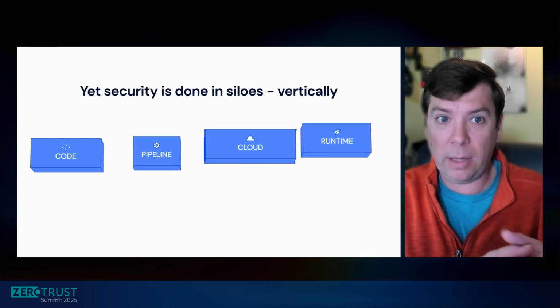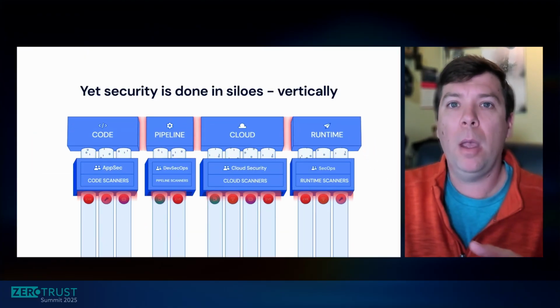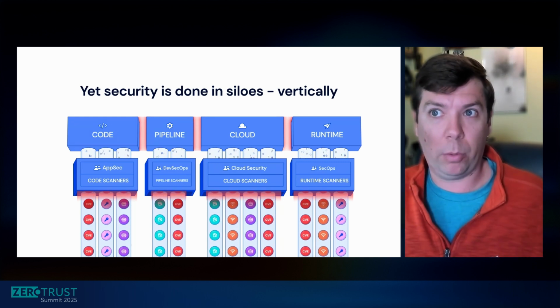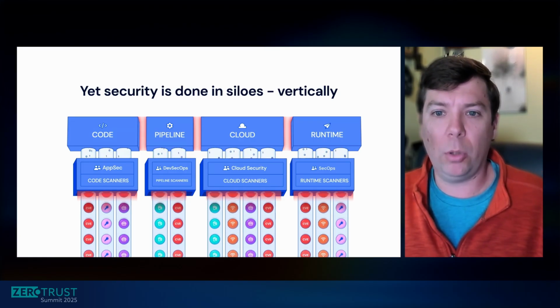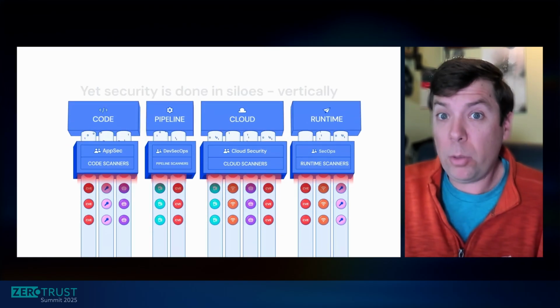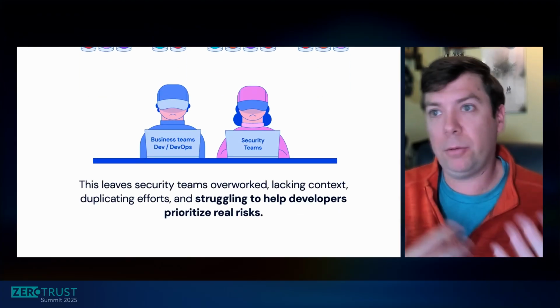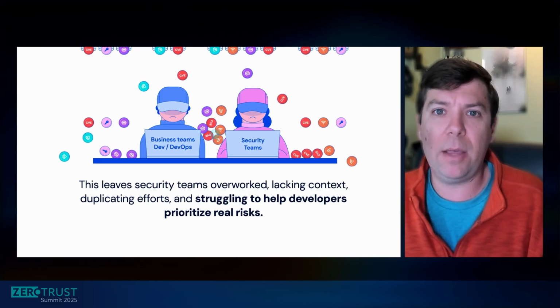We tend to have different teams who will focus within the code and pipeline and cloud and runtime. They'll have their own security tools. They'll do their own scanning. But because everything's deployed horizontally, we're actually scanning the same thing multiple times. We end up creating multiple different alerts. And we know that we need to resolve this. And so we've had different kind of stutter-start efforts to understand that context of how things connect together.